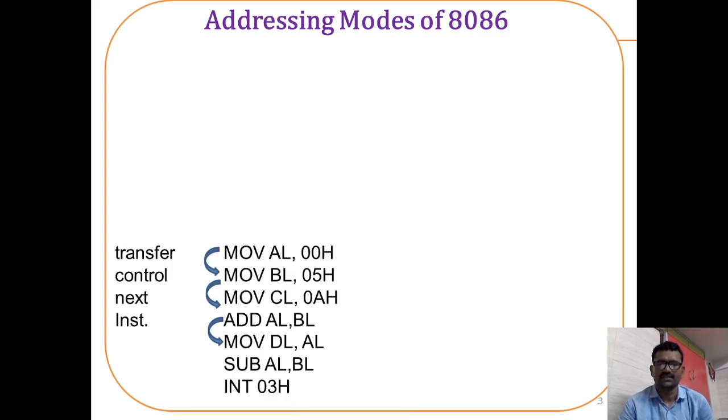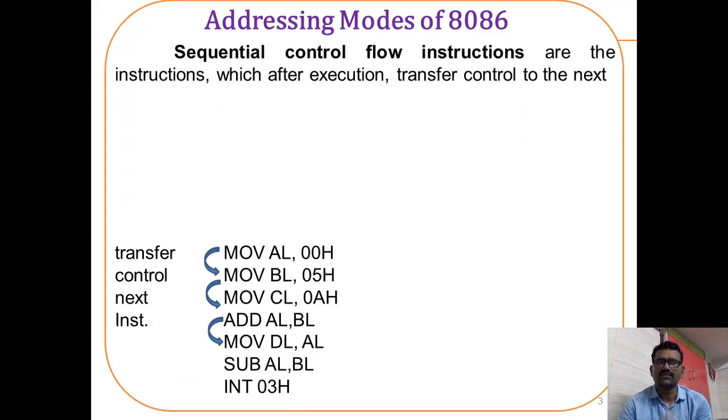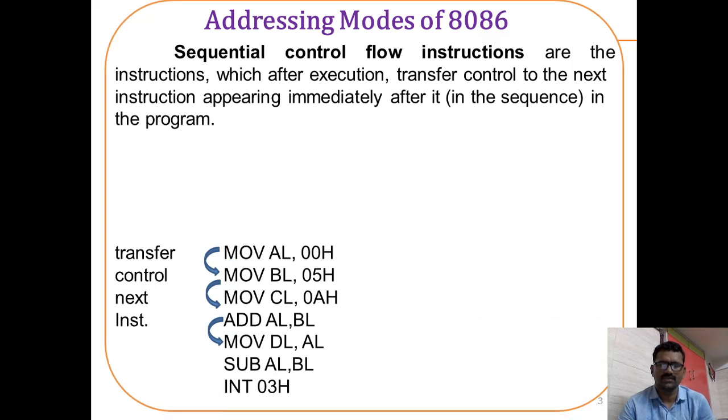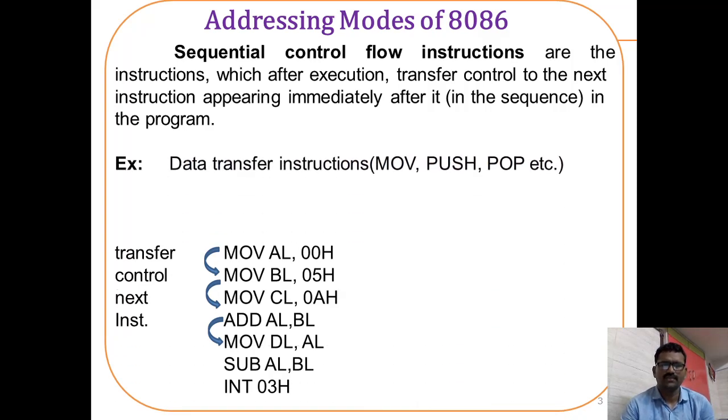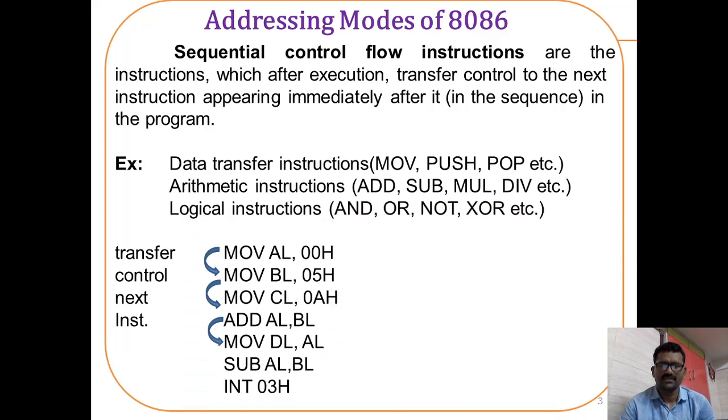Sequential control flow instructions are those after whose execution the control will transfer to the next instruction, which appears immediately after it in sequence. Examples are data transfer instructions like MOV, PUSH, POP, and even addition, arithmetic instructions and logical instructions.